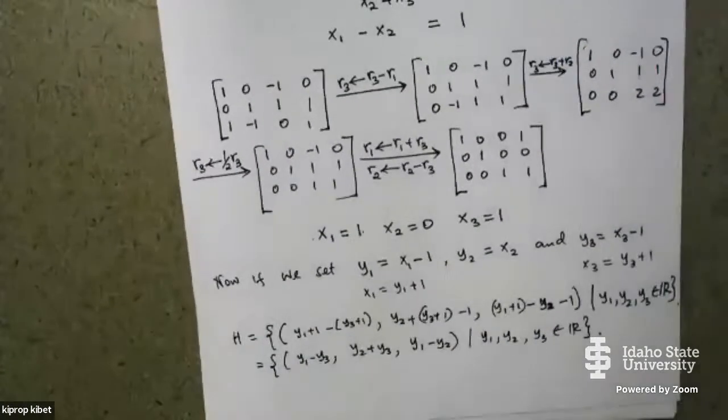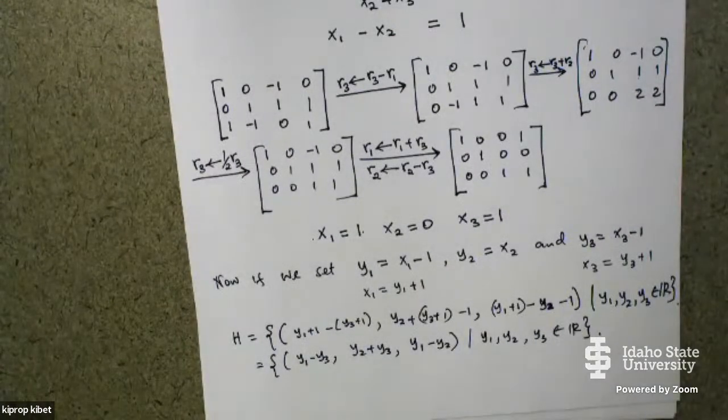So for the middle one right there, this is y2 plus parentheses y3 plus 1 minus 1, over 2, right? Okay. Can you just get rid of the -1 right there? Okay, so y1 plus 1 minus 1, that will be y1. What about the next term?